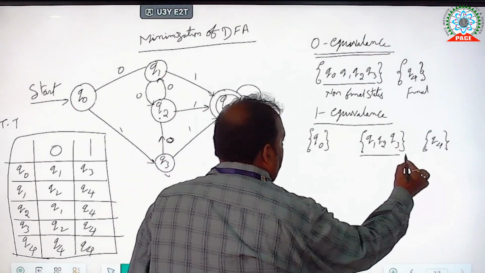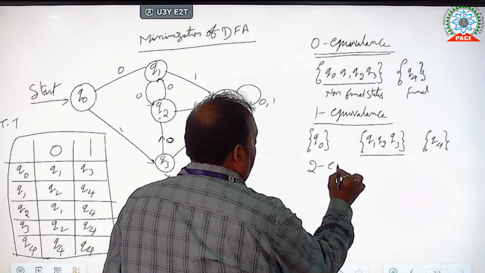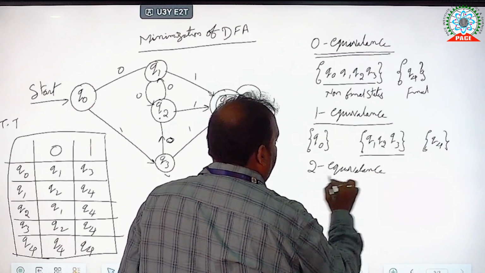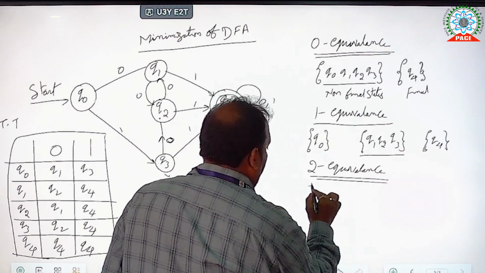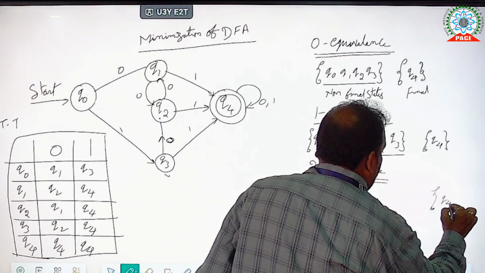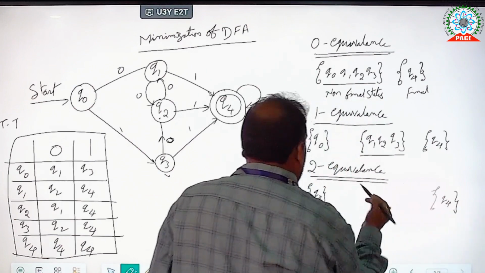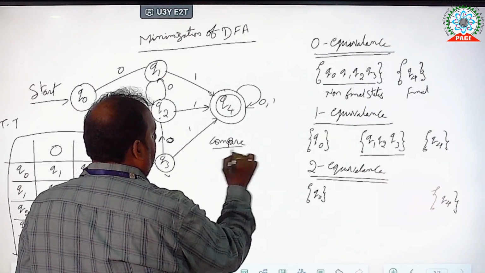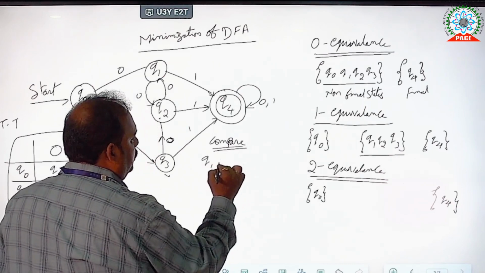In the second equivalence, we have to write Q0 separately and Q4 separately. Here we compare Q1 with Q2.